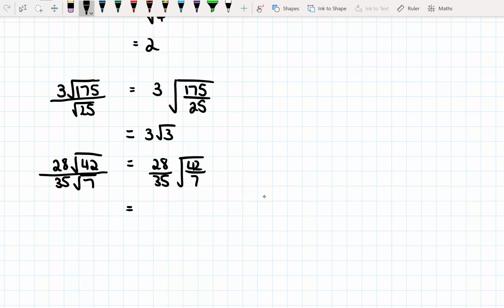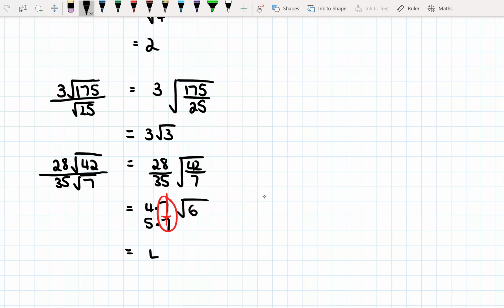28 over 35. 28 can be written as 4 times 7, and 35 can be written as 5 times 7. And then that's times the square root of 42 divided by 7, which is 6. 7 divided by 7 is the same as 1, so we can cancel that and replace it with 1.